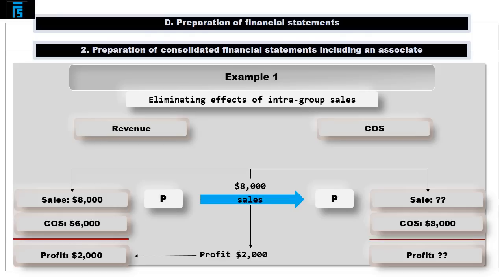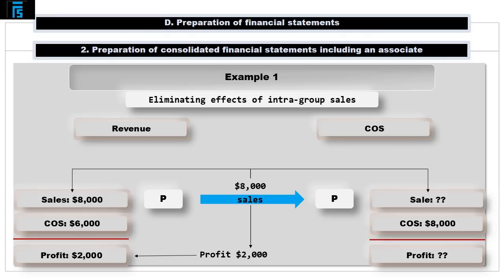From the perspective of preparing the consolidated income statement, we only care about the price at which these goods entered the group, and that's the €6,000 of P's cost of sales, and the revenue from the sale of these goods by S to customers outside of the group.